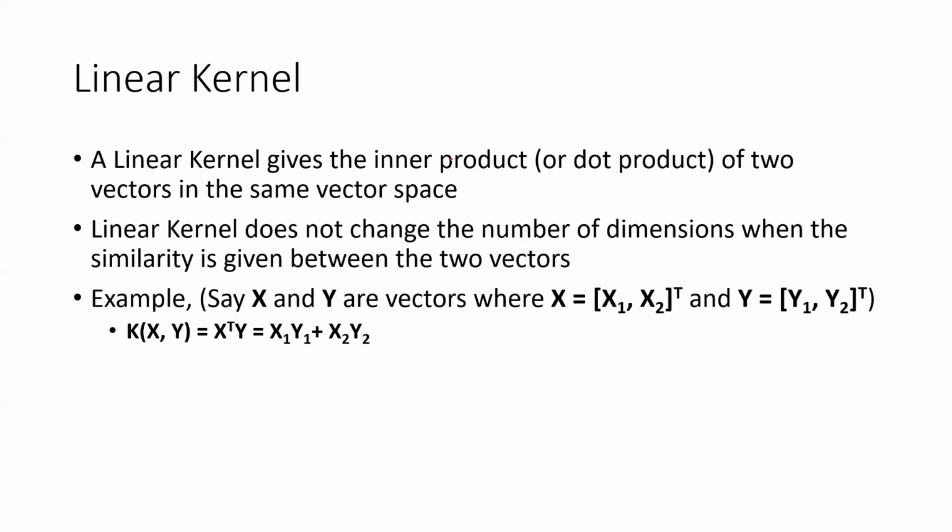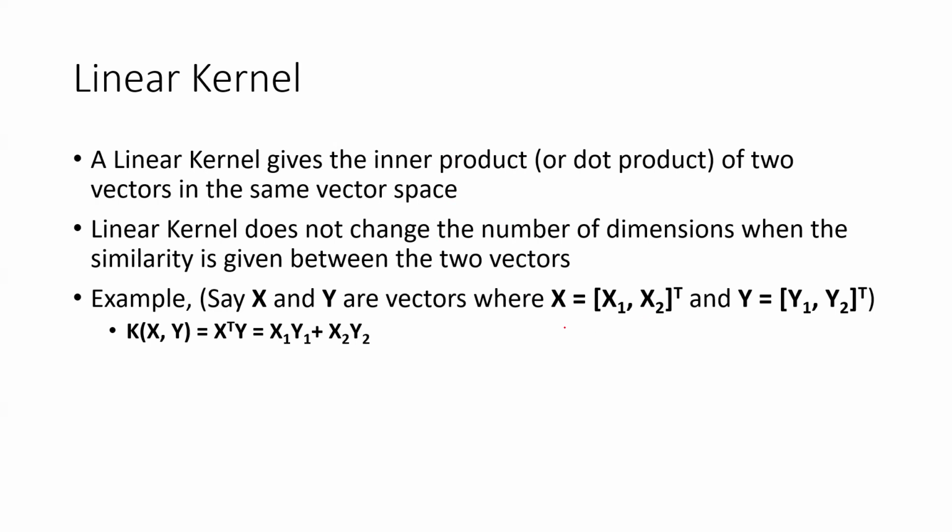Linear kernels do not change the number of dimensions, as I mentioned earlier. We are not taking any nth order power, or square or cube or something like that, of these vectors or dimensions when we calculate the distance between these two vectors, right?